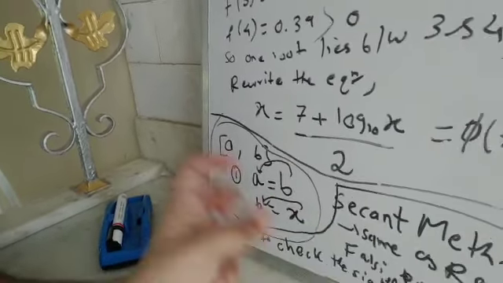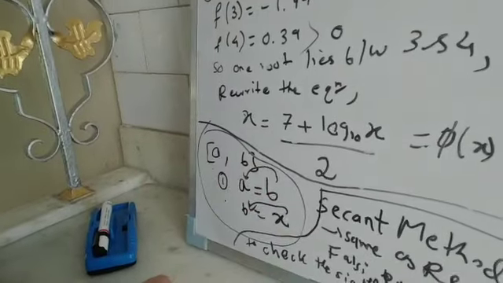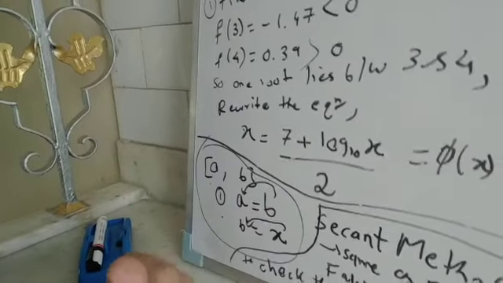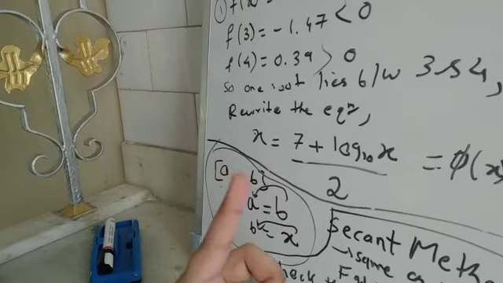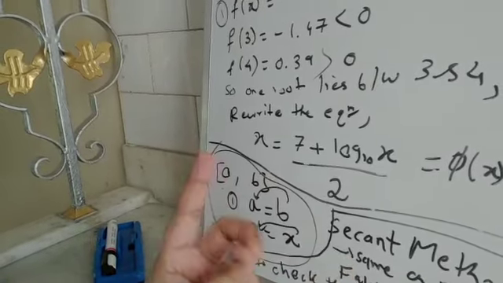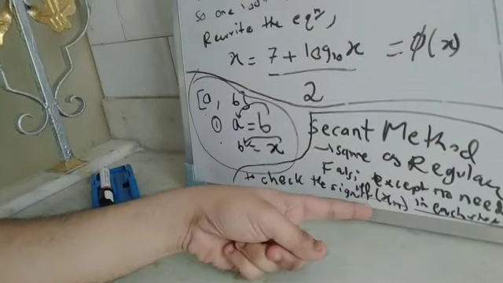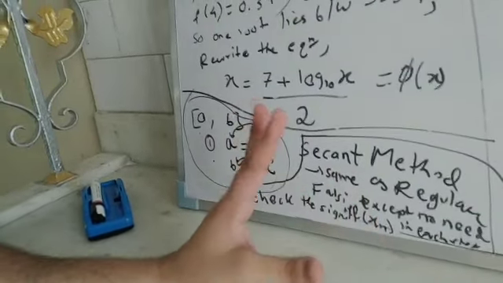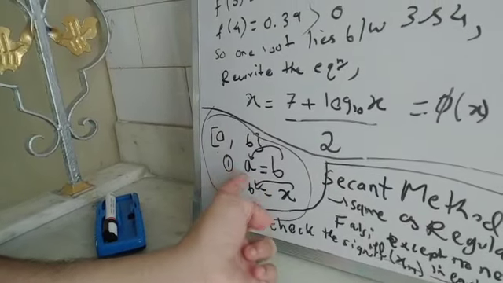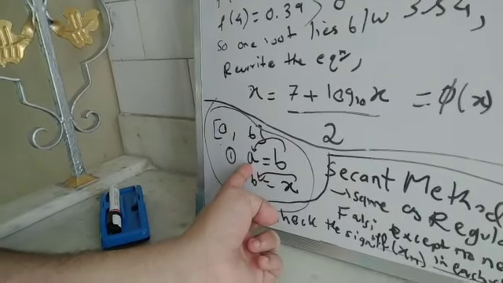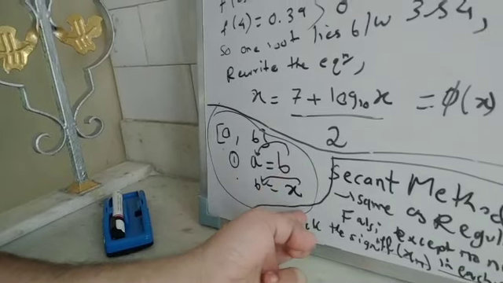In this way you can construct the table and solve. So this is the difference between the regula falsi method and the secant method. No need to check the sign of f(xn) in each step. Simply in the next step, you update your range in this way.